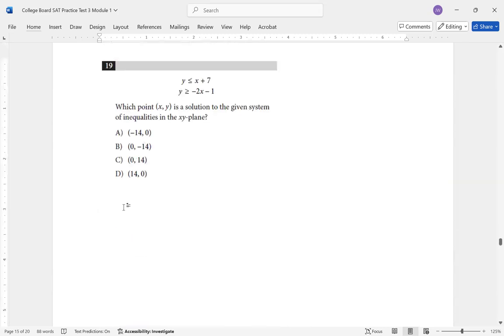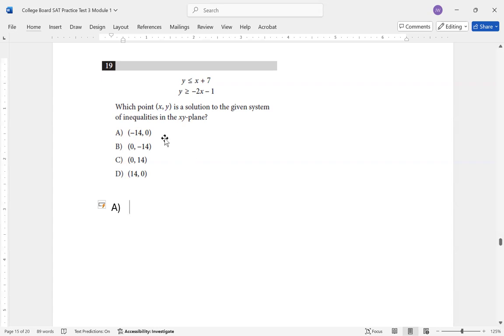Question 19. Which point x y is a solution to the given system of inequalities in the xy plane? So what I'm going to have to do is plug this point into both inequalities and see if it works for both inequalities.